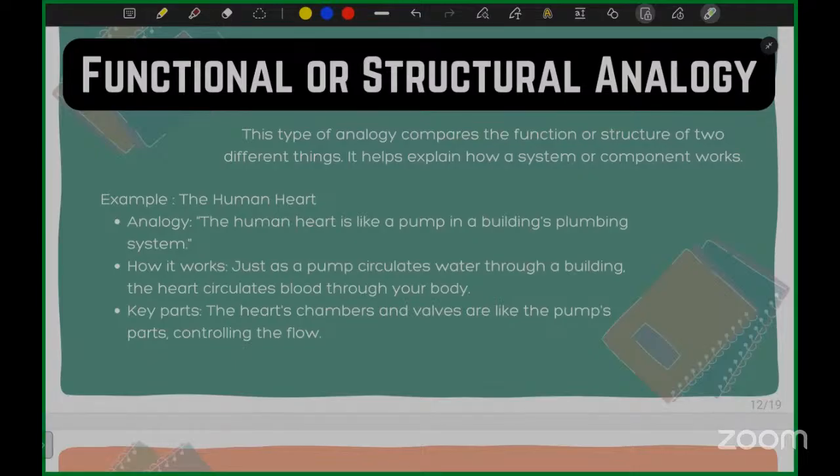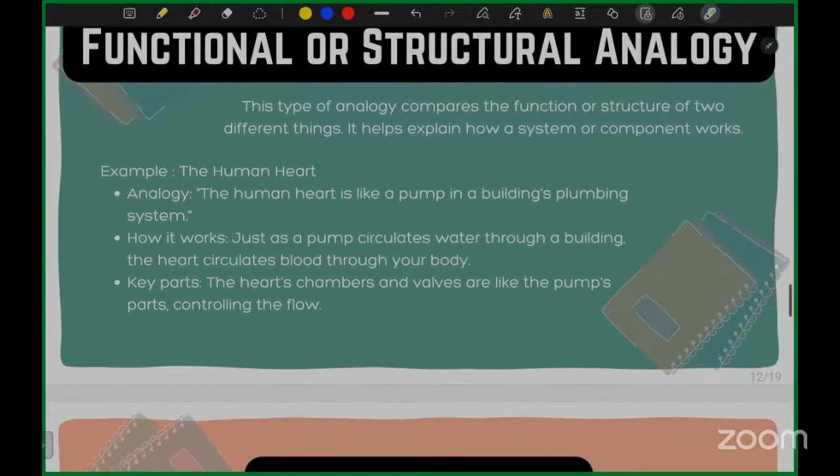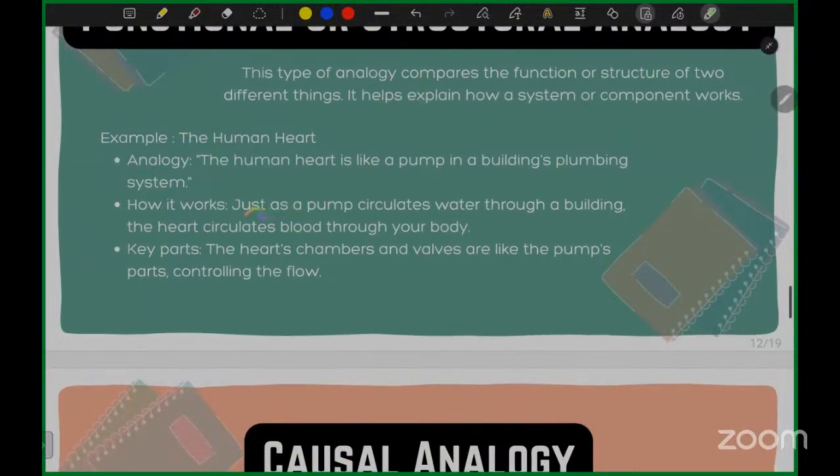Just see the example here. The human heart is like a pump in a building plumbing system. How can we relate this to the heart? Just as a pump circulates water throughout the building, the heart circulates blood throughout your body.